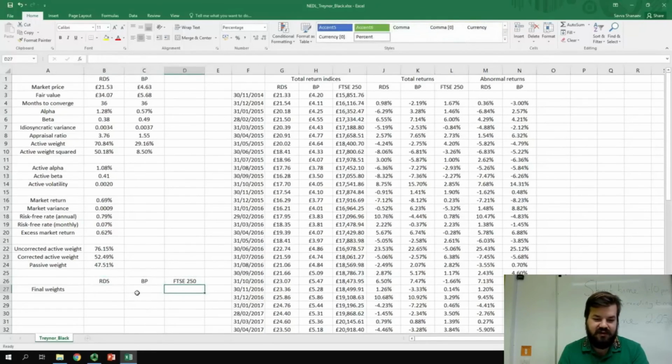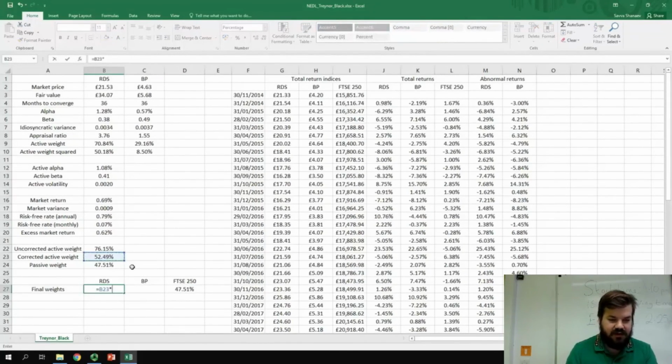The weight of FTSE 250 is equal to the passive weight, and the weights of Royal Dutch Shell and BP are equal to the corrective active weight times the active weight of this particular stock.